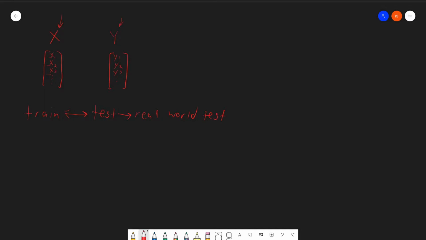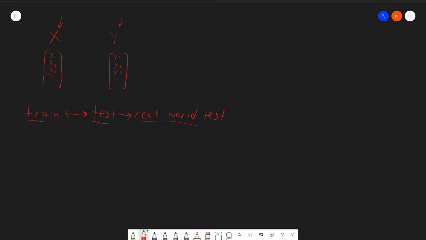Or you can go on to real world examples where you just maybe pass in one or a few inputs to get one or a few outputs that you then use somewhere else. So that's the main point to what a machine learning algorithm is. You have these three parts of training, testing, and then using it in a real world setting.